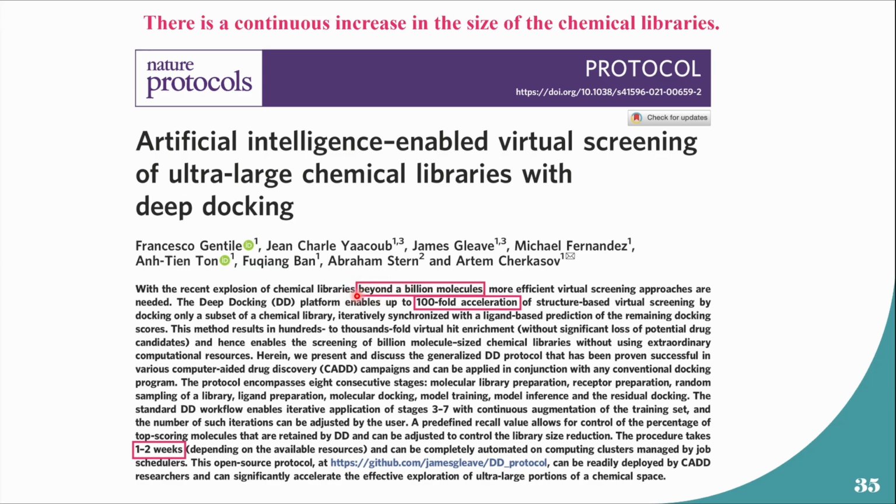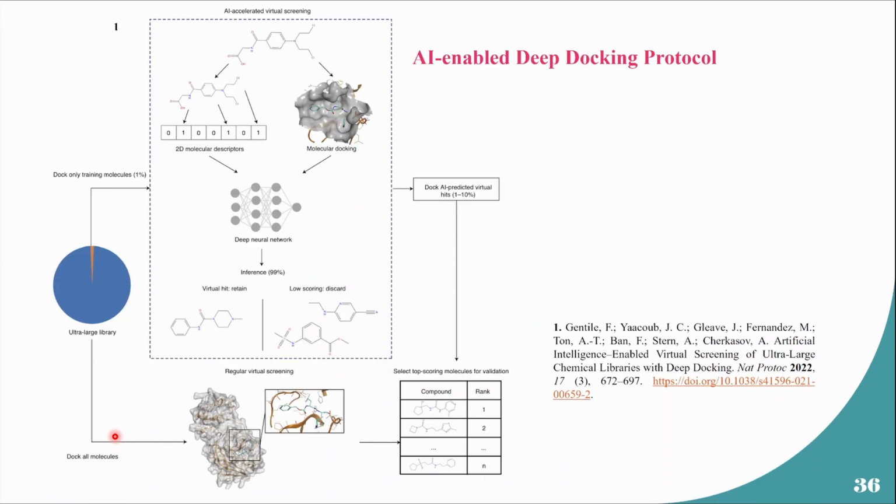They say that they achieved docking of beyond a billion molecules with a hundredfold acceleration, and they get the results within 1 to 2 weeks. So how did they do it? They employed a deep learning protocol, which they have termed deep docking, right.